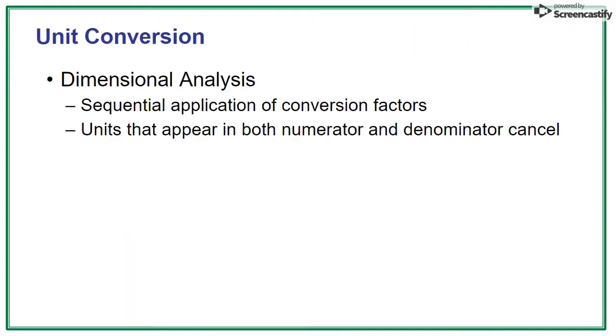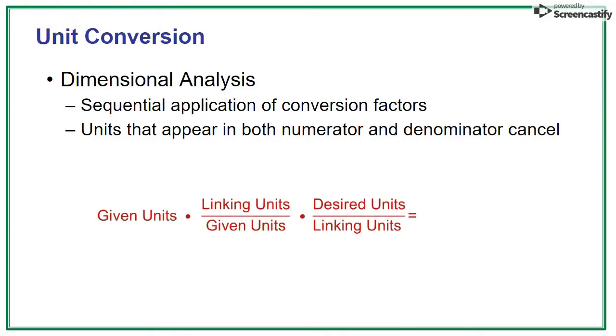If you do not have an equivalency between the given units and the desired units, you may use a series of conversion factors based on available equivalencies using linking units. By strategically selecting the linking units, you can create conversion factors that allow you to cancel the given units and the linking units so that the result is in the desired units.